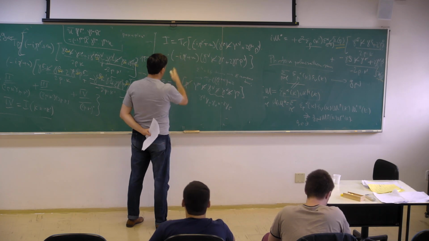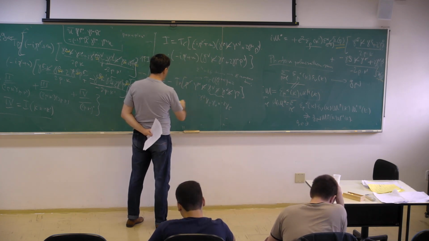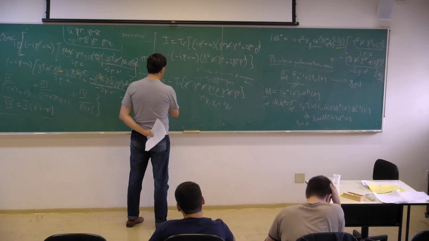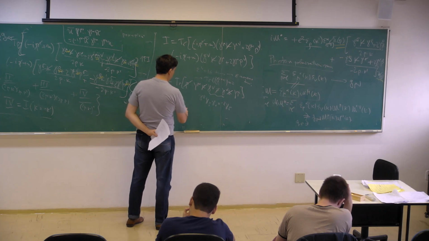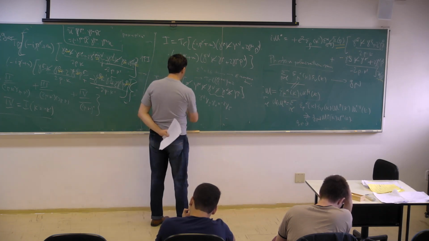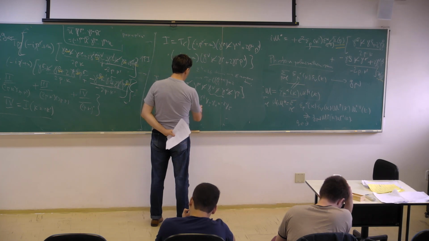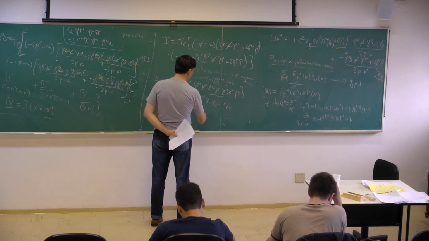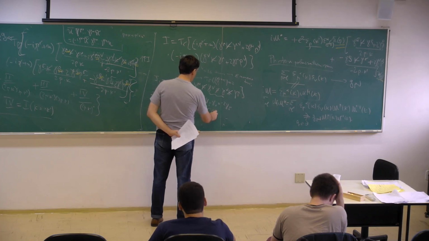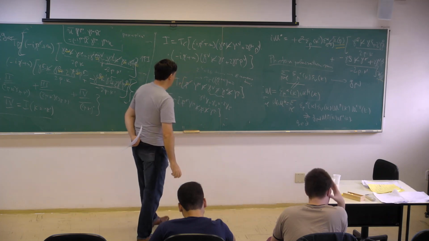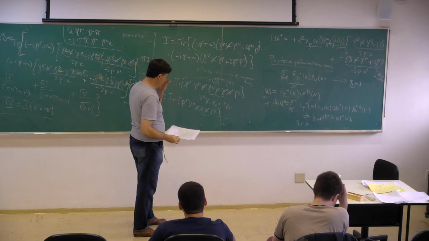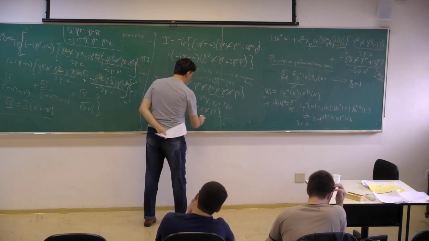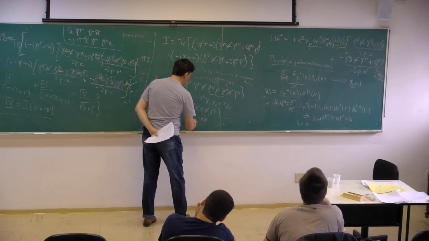so minus i times minus i is minus. Then I have this minus 2, which means plus 2 all in all. Trace p slash prime gamma mu k slash, and here I have p slash k slash gamma mu. And here I can commute these things. I can write this as minus k slash p slash.